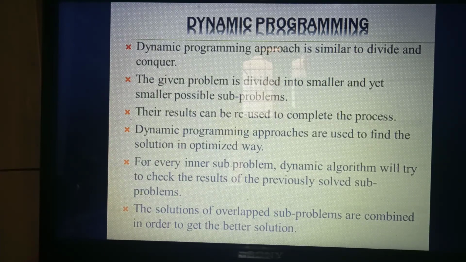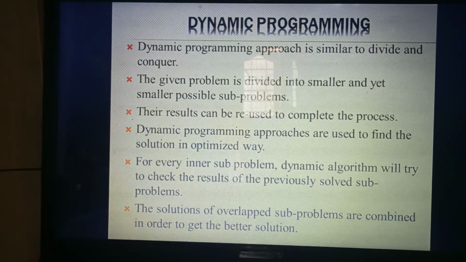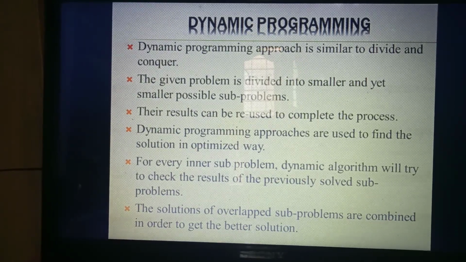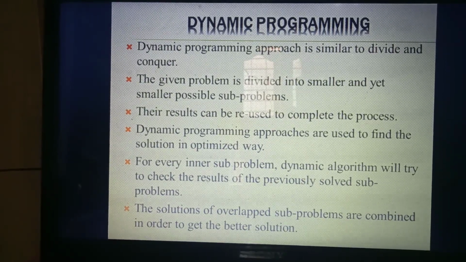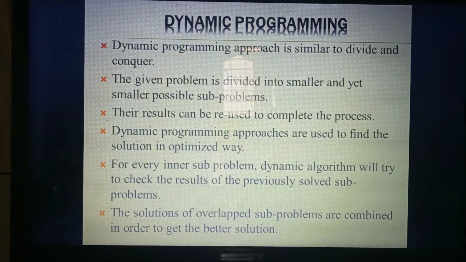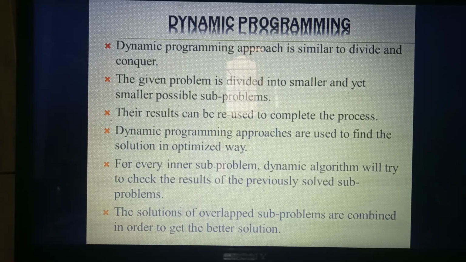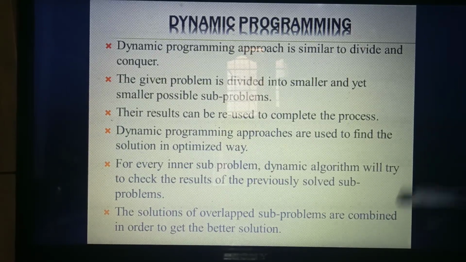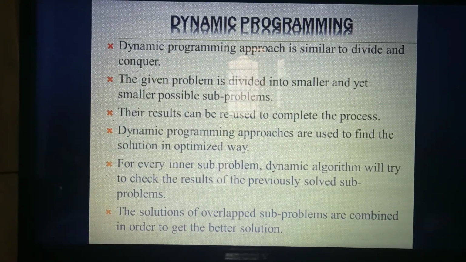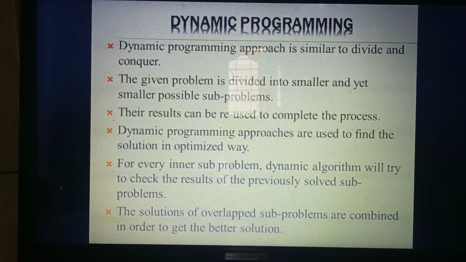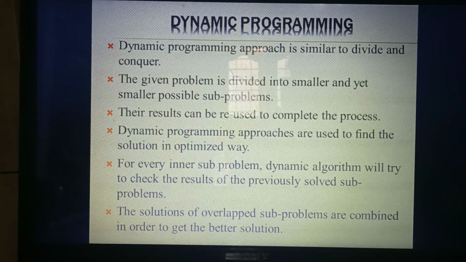It gives the result in an optimized way. For every inner sub-problem, you need to check the previously solved result, isn't it? Then only you will get the correct result at the last. So to get a better solution, you need to overlap all the problems you have already solved.